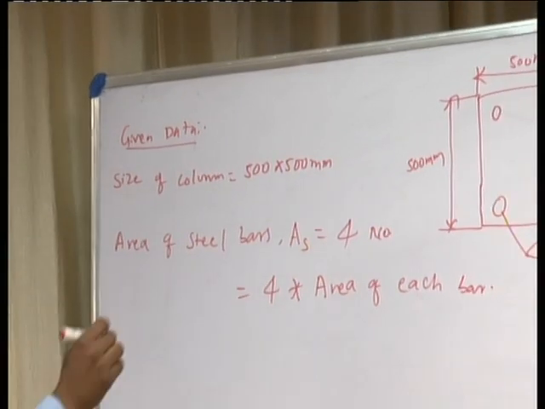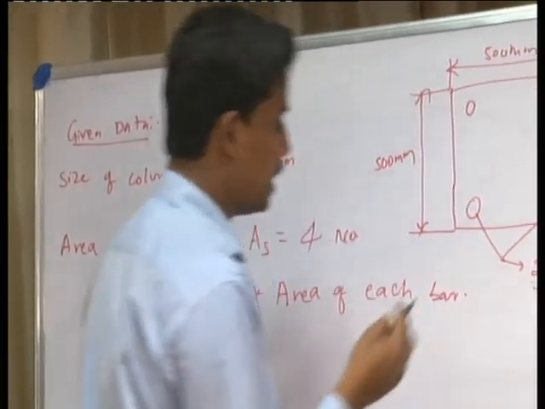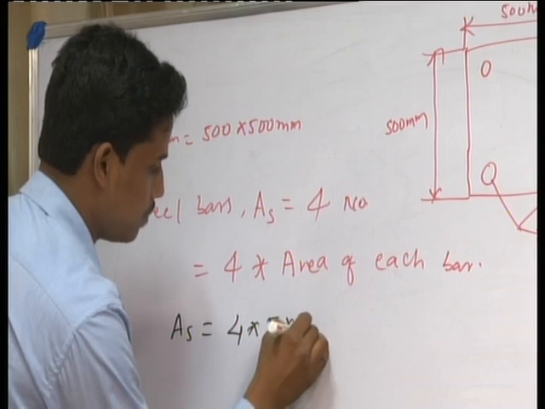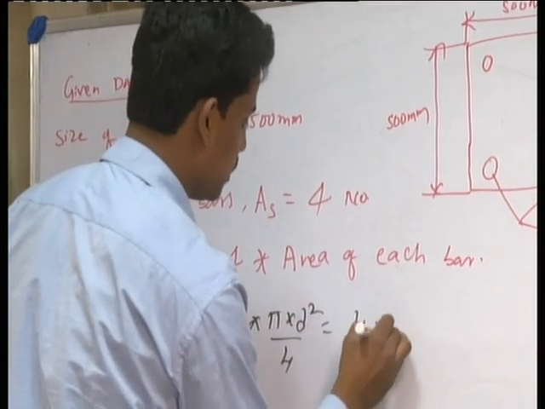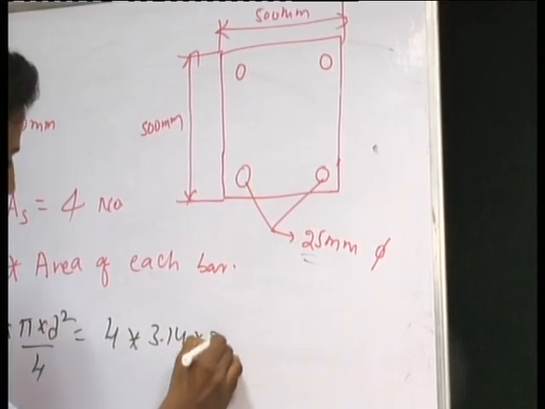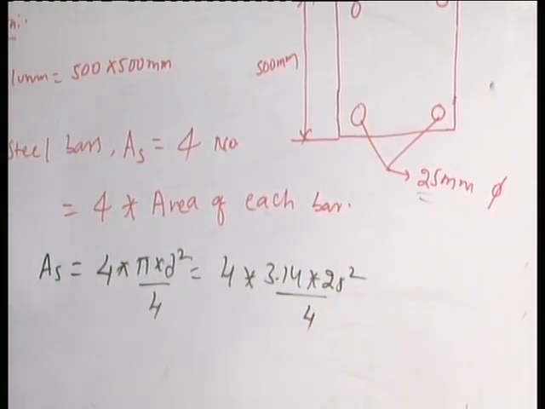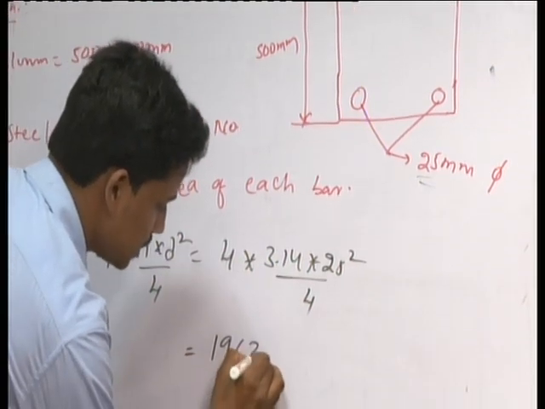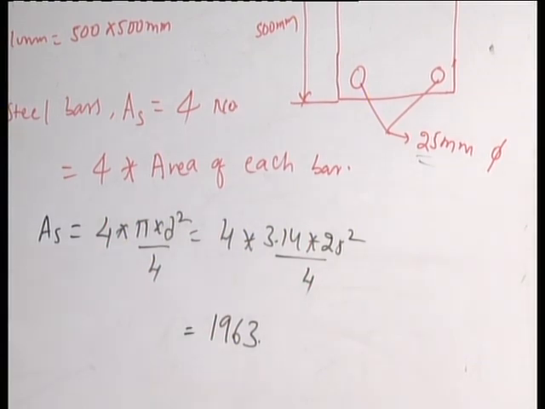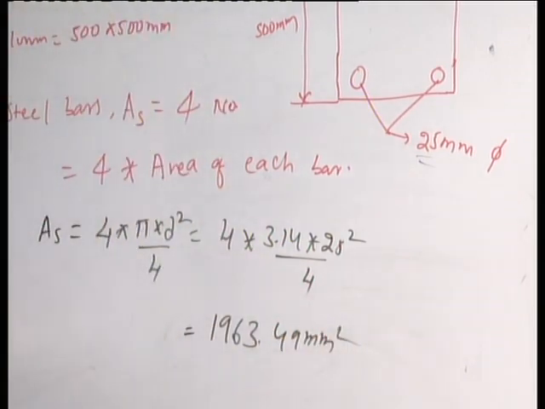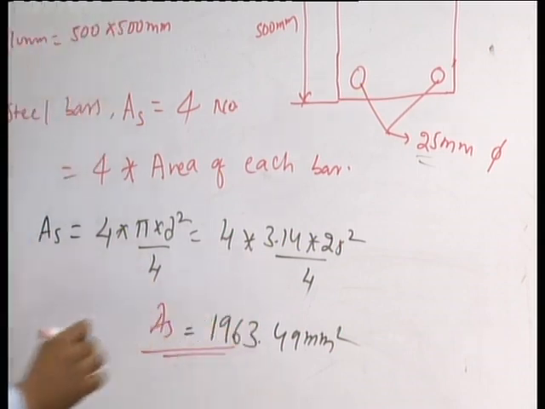It is given as 25 mm diameter. So the area of steel As is equal to 4 into pi d square by 4, which is 4 into 3.14 into 25 square divided by 4, where d is 25 mm. This gives 1963.49 mm².